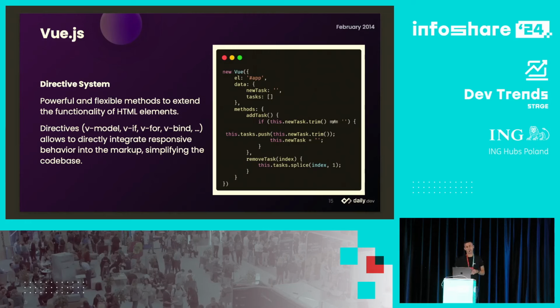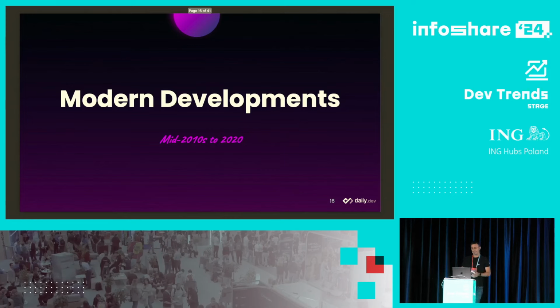So we have something like v-if, v-for, v-bind, and all these directives are used to focus on features that we can do inside the single component. So basically simplifying the code base. It's clear if we read v-if what's going to happen in that component.